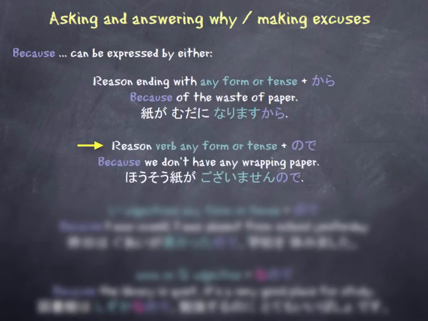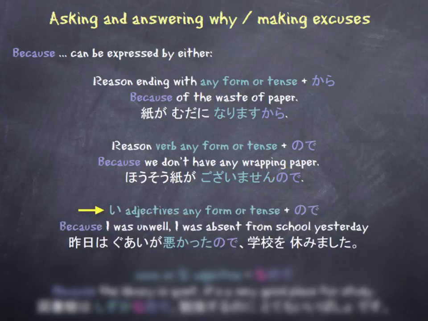In our second example, we're using no de. So again, we've got the reason with a verb in any form or tense with no de attached. For example, because we don't have any wrapping paper. 包装紙がございませんので. Now, if we have an e adjective in any form or tense, we also just attach no de to the end of that.